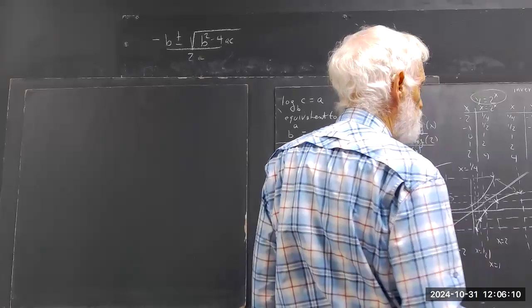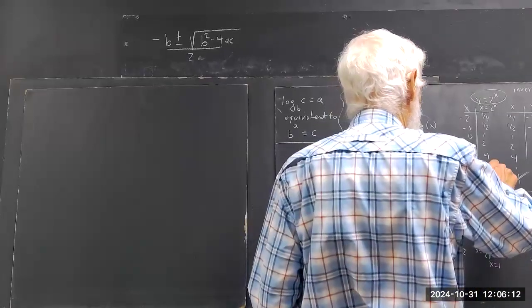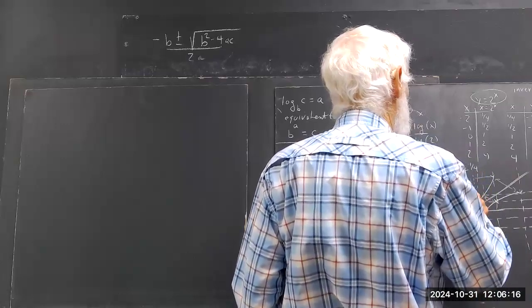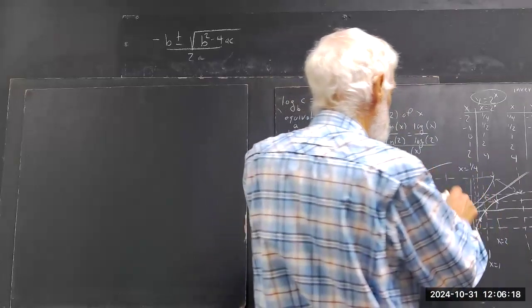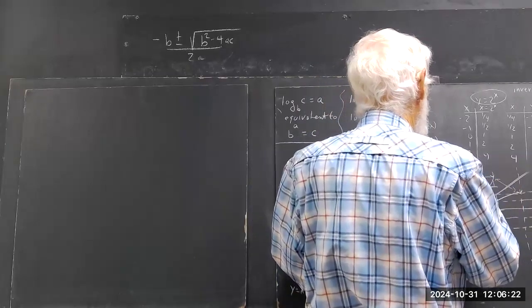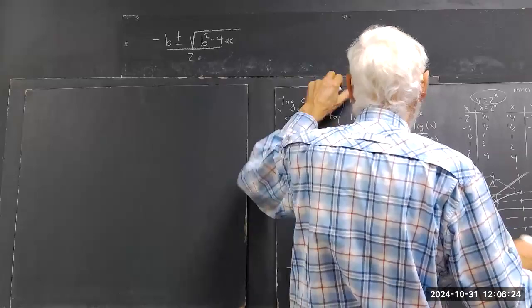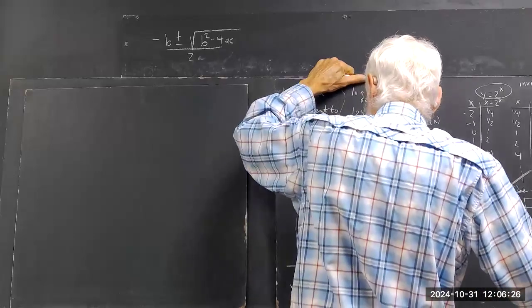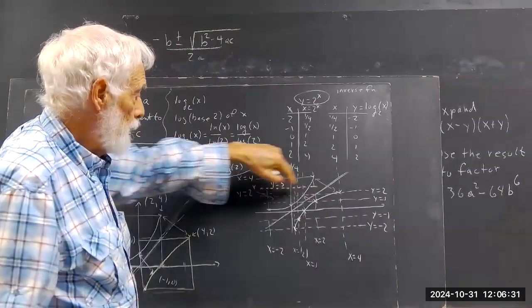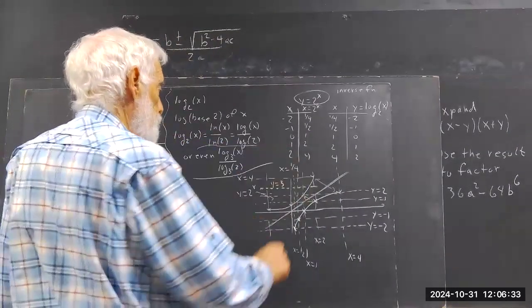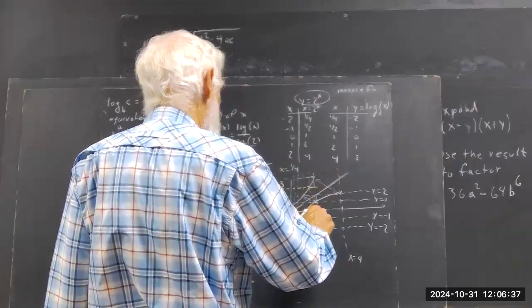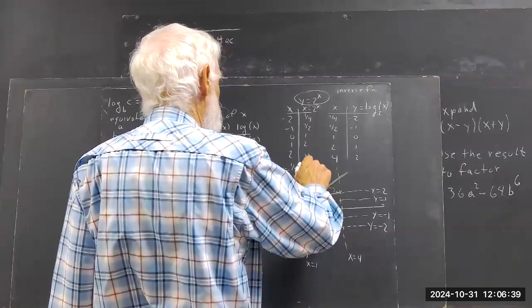If y equals 3, it's halfway between 2 and 4. Here's your y equals 3 line. Where that line intersects the graph, we get an x value.